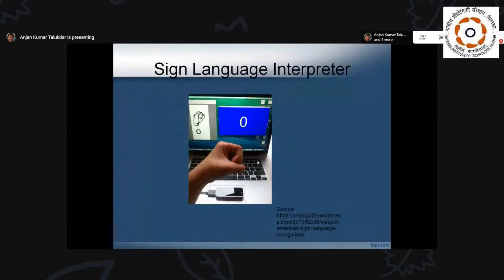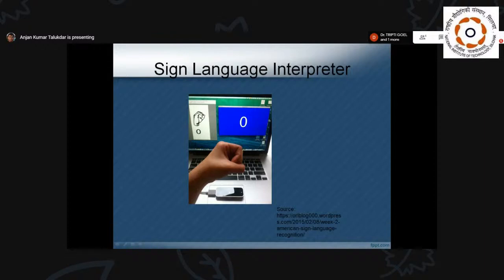Then sign language interpreter. This is also a very important application of gesture recognition systems. What is sign language basically? Sign language is the language used by deaf and dumb people. Many of us don't know sign language.